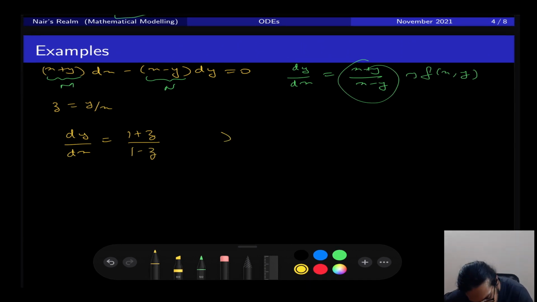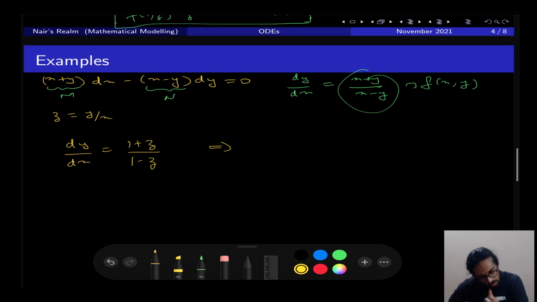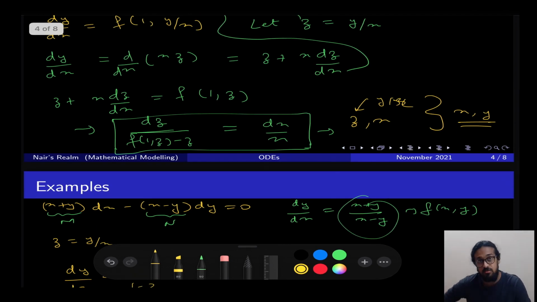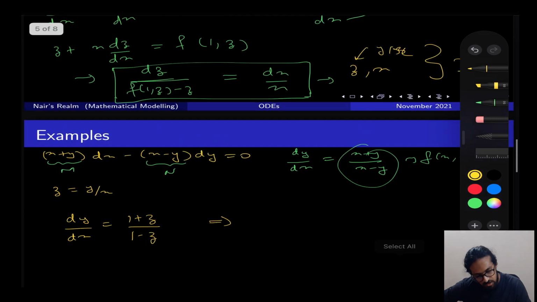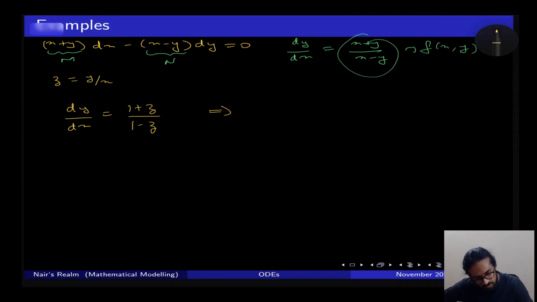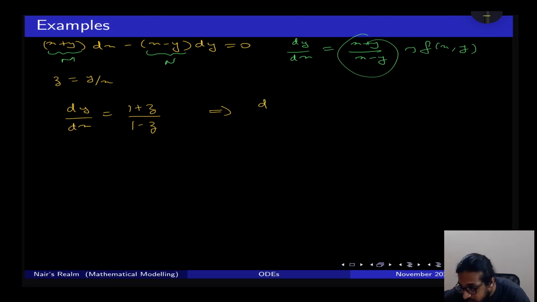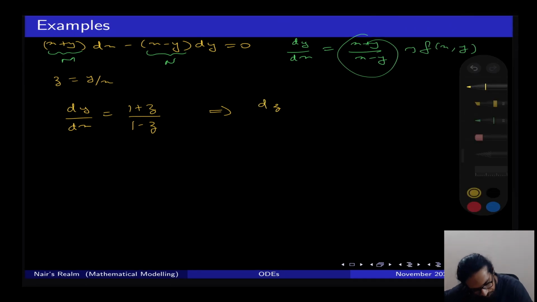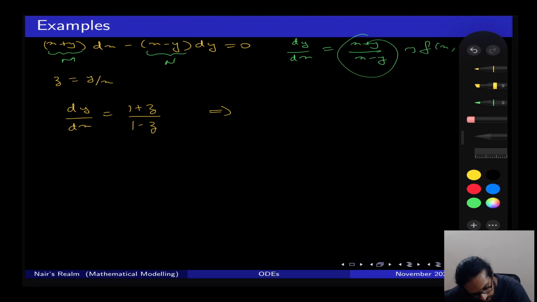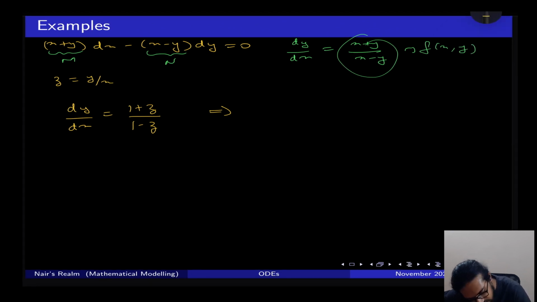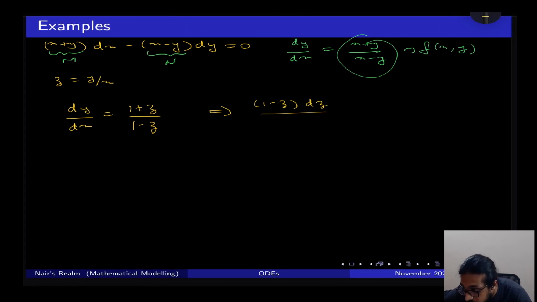So now this essentially means that if I were to take this dz form of the differential equation, then I'll be able to write it in the following way: (1 minus z) times dz by (1 plus z square) is equal to dx by x.